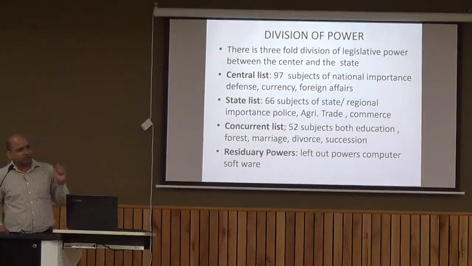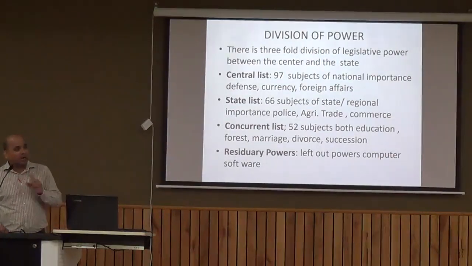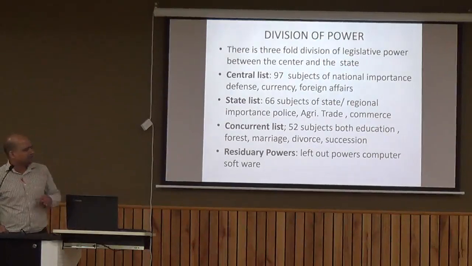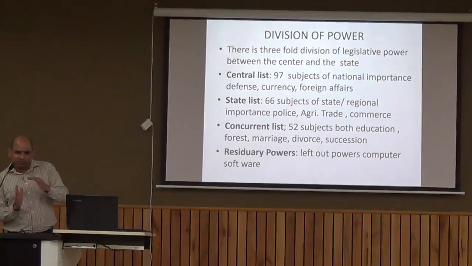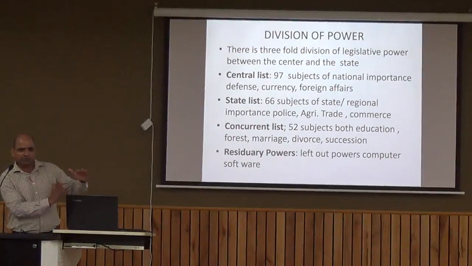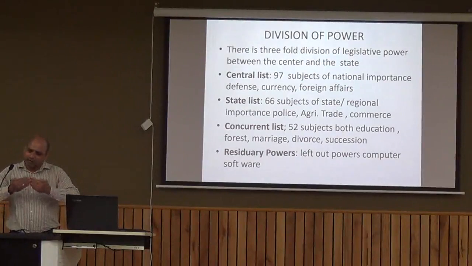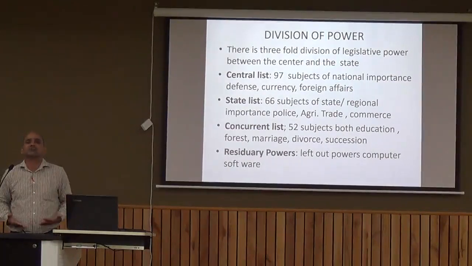From this list only the union government can make law. It has 97 subjects, and all the subjects are of national or international importance, for example defense, foreign affairs, currency, etc. The central government will make law on these subjects.